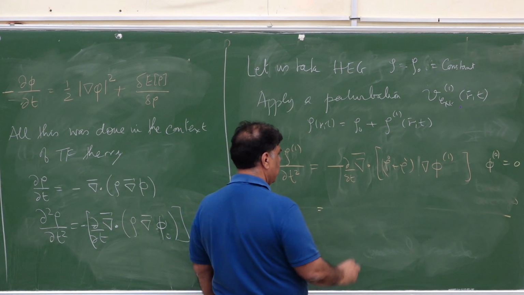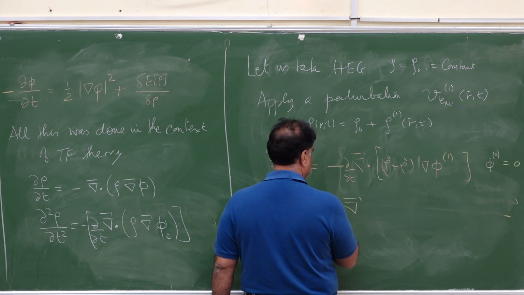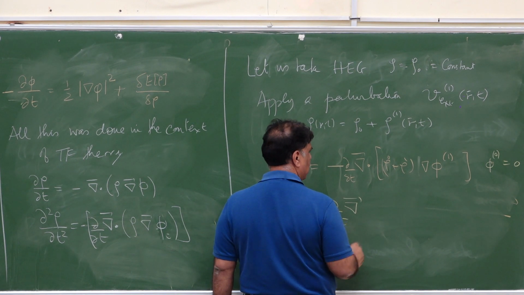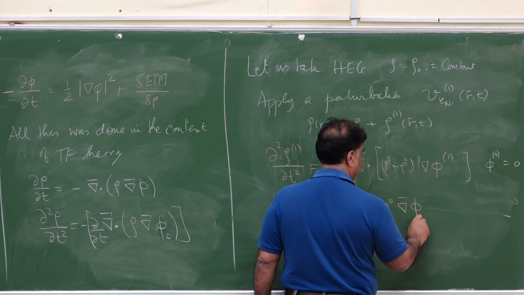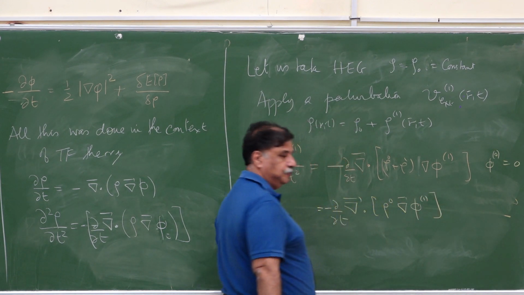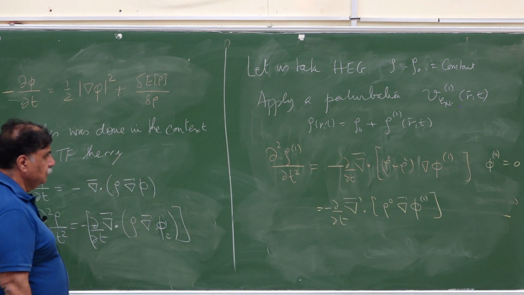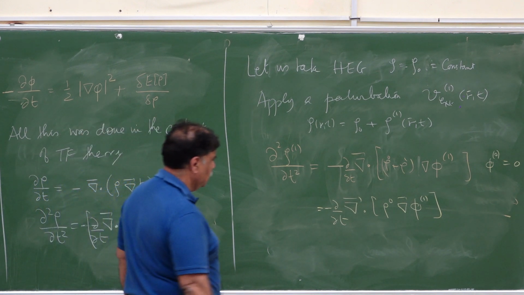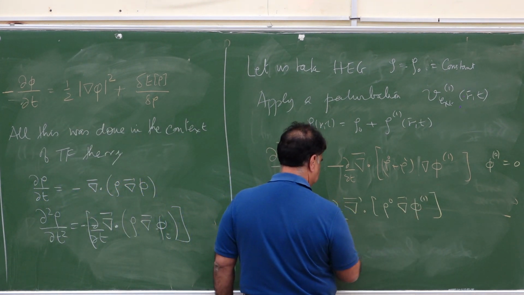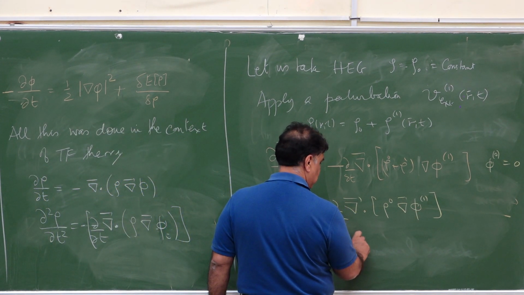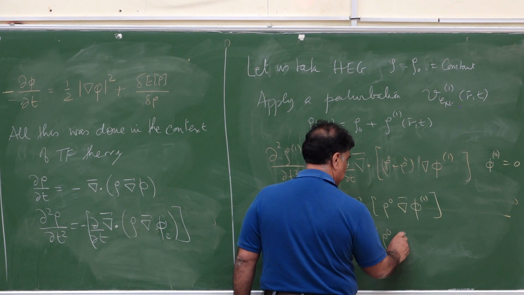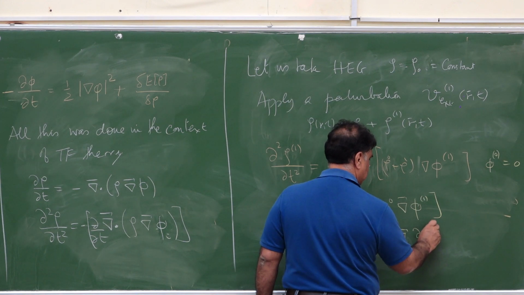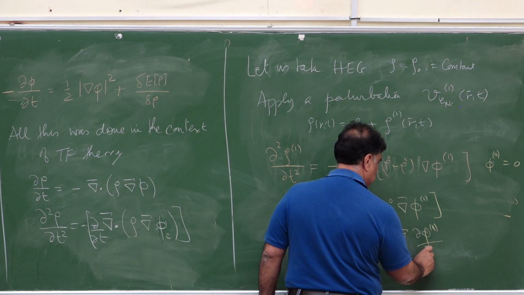So the only term you're going to have is minus d by dt, divergence of rho 0 grad of phi 1. Which now I can take d by dt inside, and I can write this as minus divergence of rho 0 grad of d phi 1 dt.